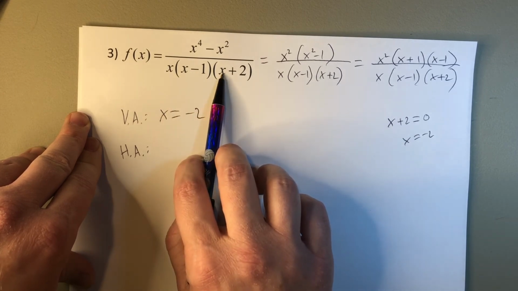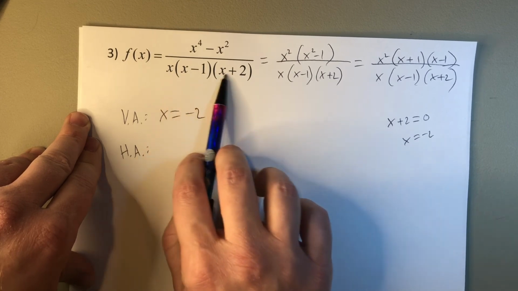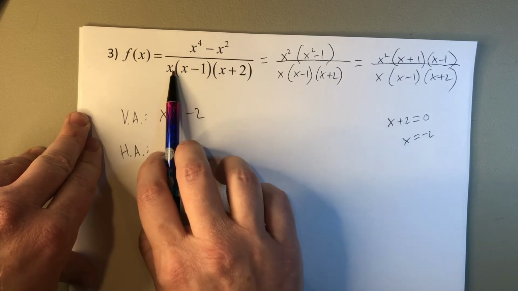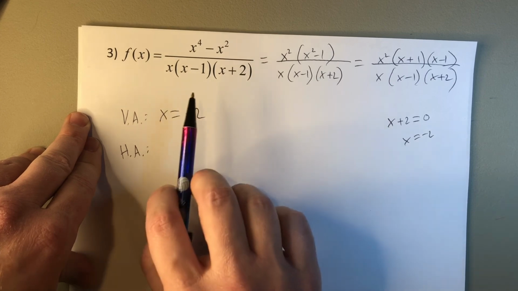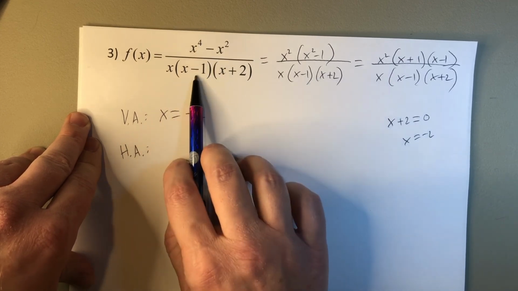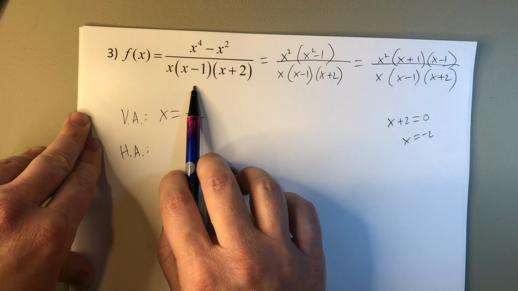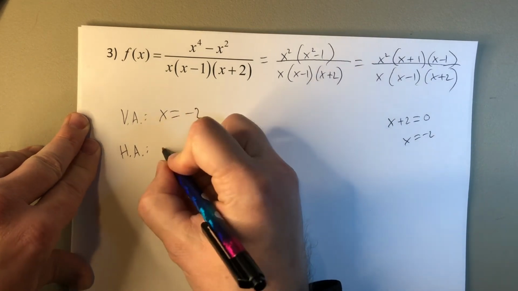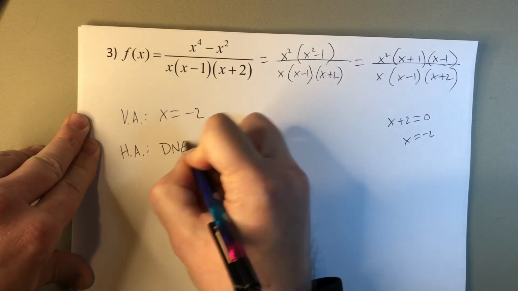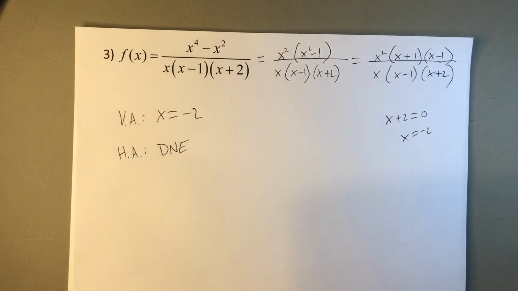I'm saying that because it's important to understand that the degree of this denominator is 3, because the leading term is x cubed. So you have a 4th degree expression on the top, a 3rd degree expression on the bottom. Therefore, the degree of the top is greater than the degree of the bottom. Therefore, you do not have any horizontal asymptotes. D and E, they do not exist.